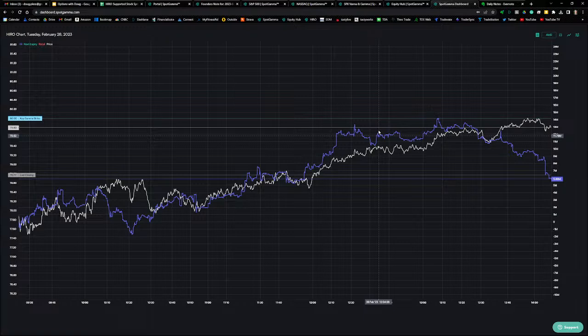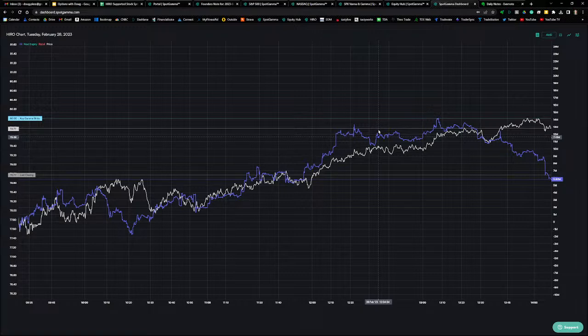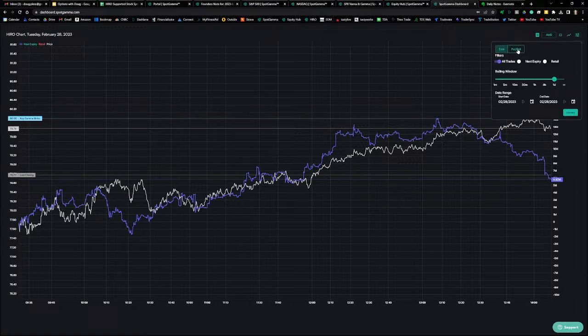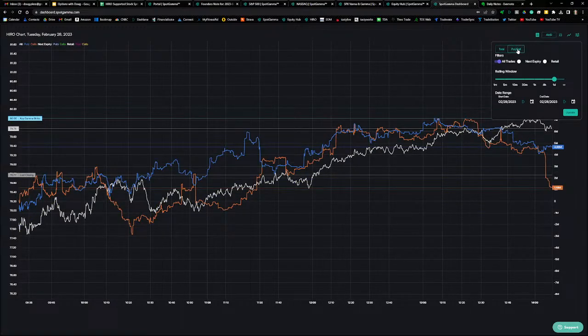And this is showing options trades, market maker hedging activity, and price action. So Hero is the purple line, that's the total signal, calls and puts. The white line is price, and you can also separate it out, puts and calls. So the orange line is puts, and orange line is calls, excuse me.